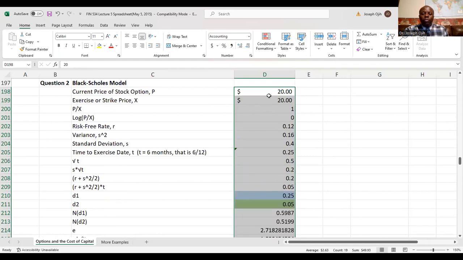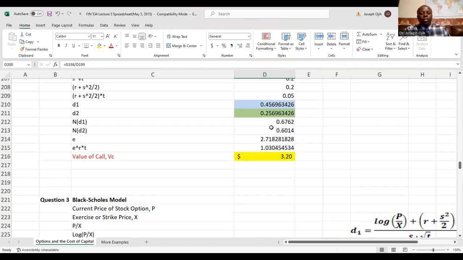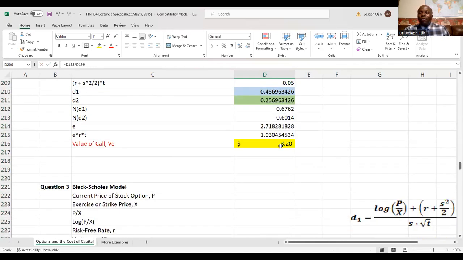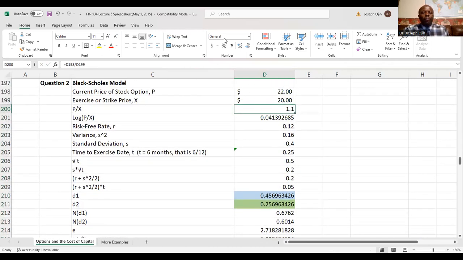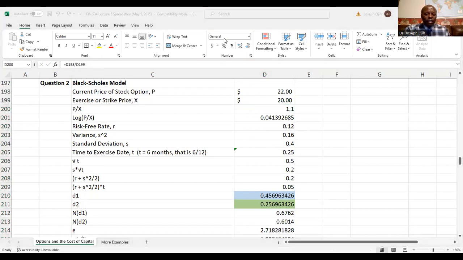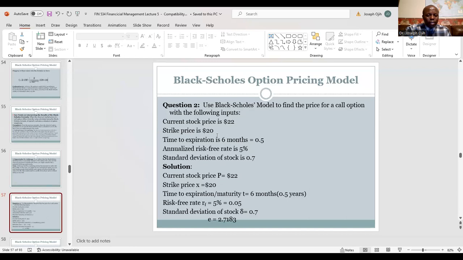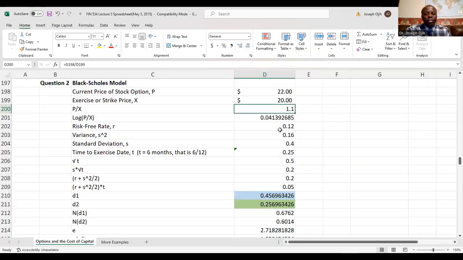By the time we finish putting our inputs, we already have our answer. That's a good thing about Excel. So next one is the exercise price. They said that the exercise price is just the strike price, $20. It's already $20 there, so there's nothing to change here.